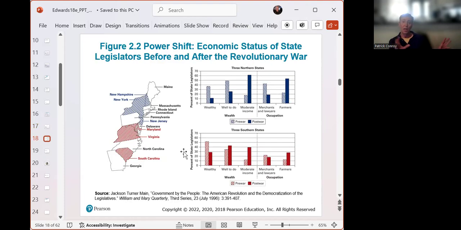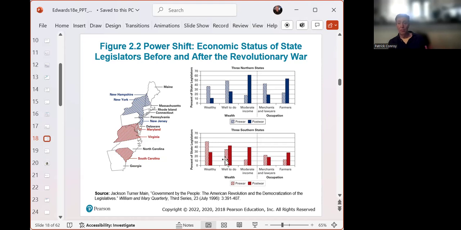So this kind of shows you the political involvement. You know how we talked about that in chapter 1? Well, if you look up here, there was a lot of involvement of the wealthy pre-war, but they really came into power in the northern states post-war.